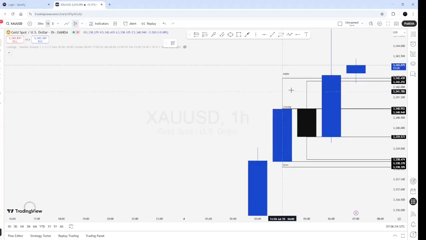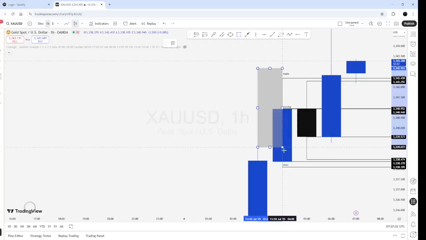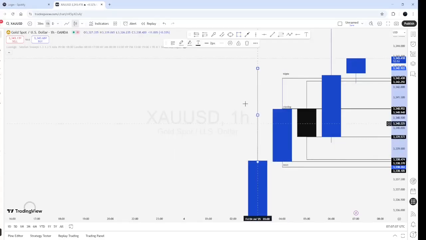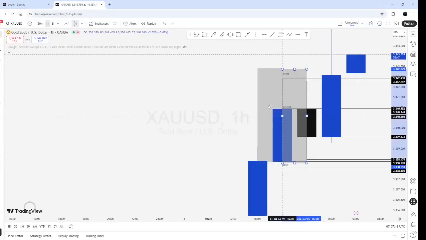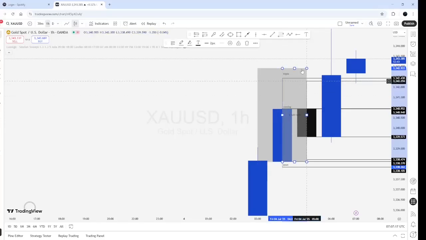I need to use a candlestick, the body bar. That's not allowing me, so let me just use this side. Let me see whether I can duplicate this. Okay, I've gotten it. Alright.